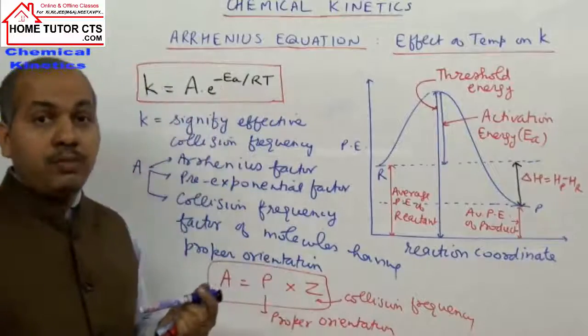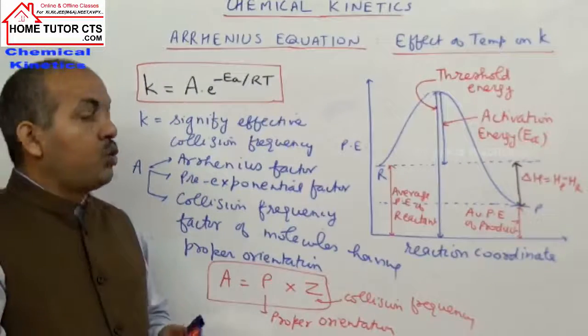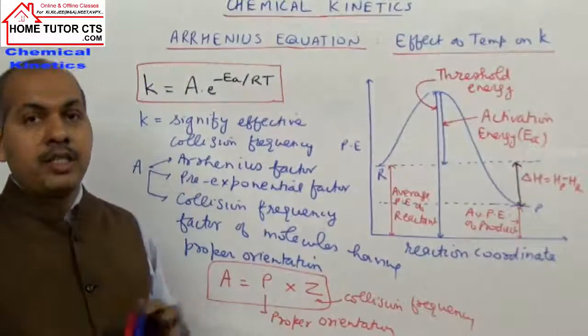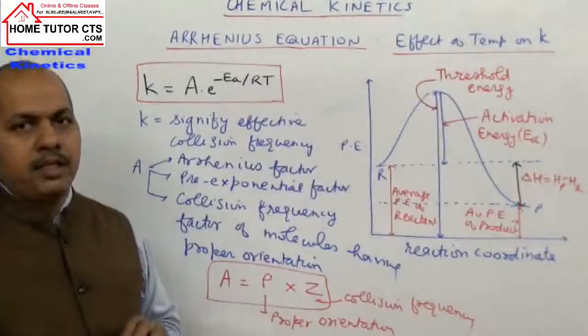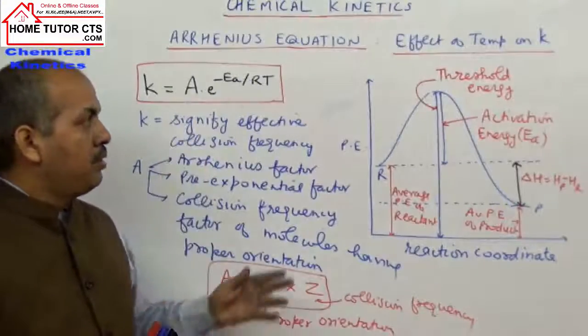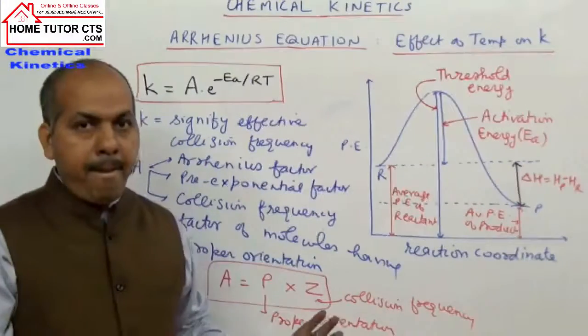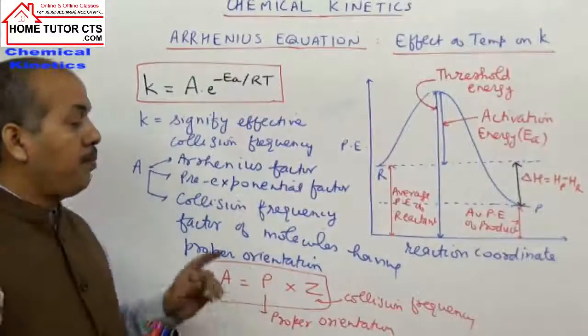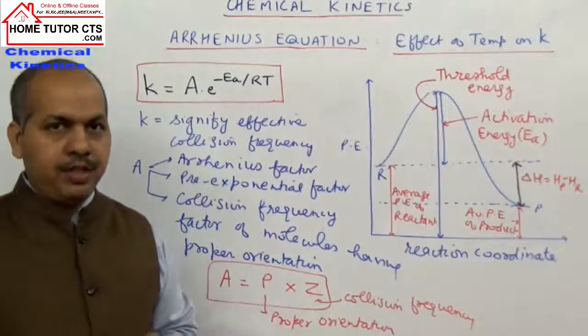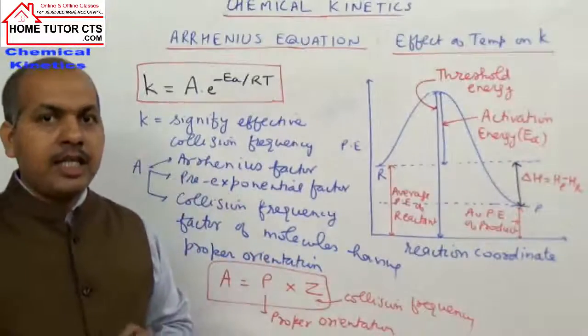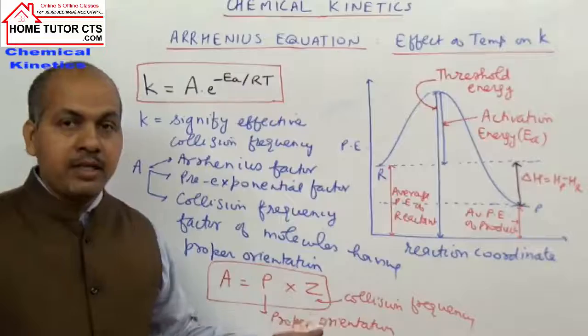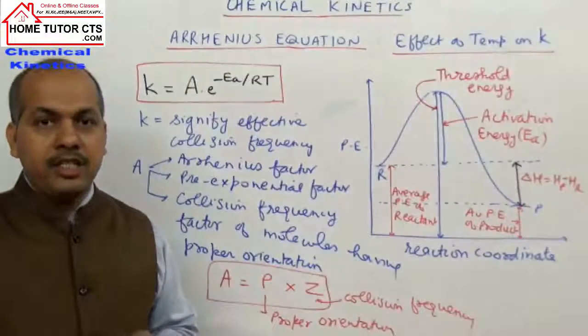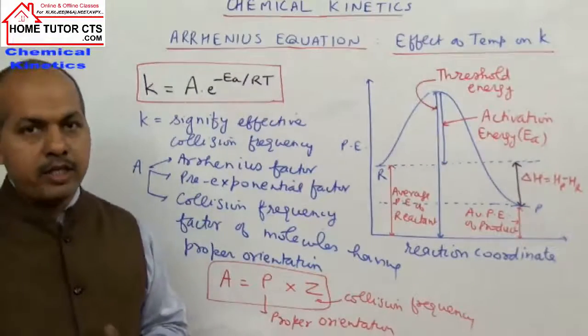So for the collision of molecules to result in product formation, they have two requirements: they should have sufficient energy and also proper orientation. Suppose they have only proper orientation but not sufficient energy, they cannot convert to product.